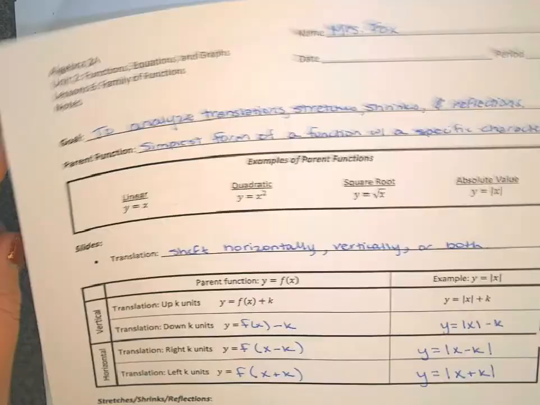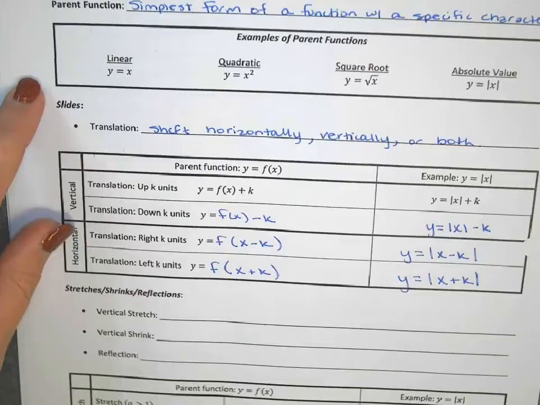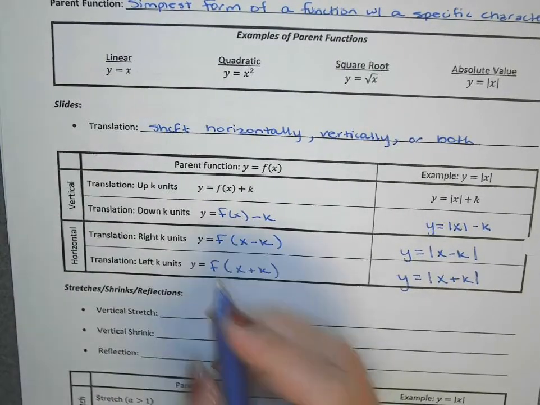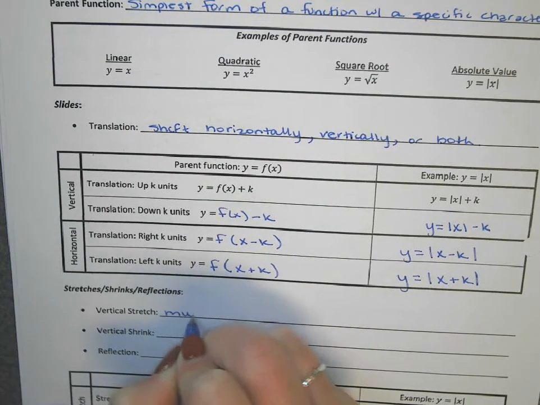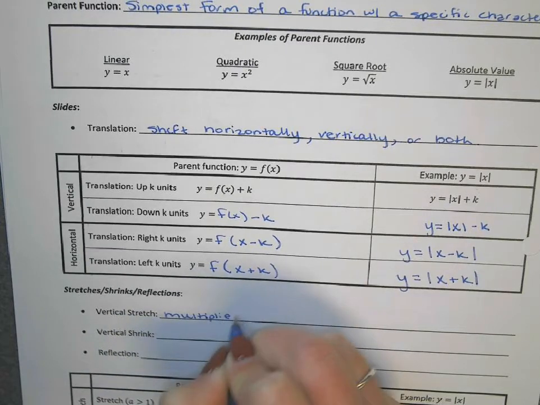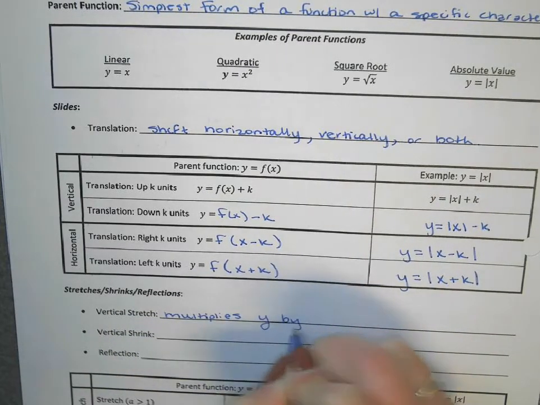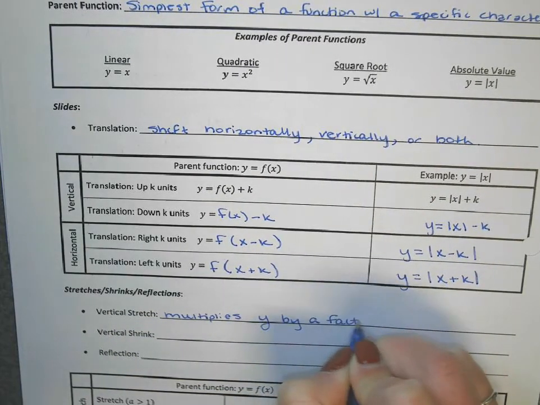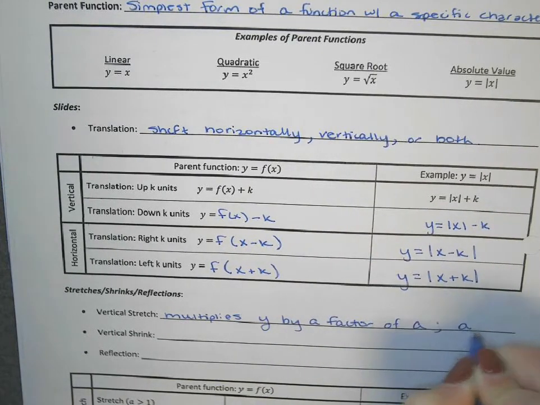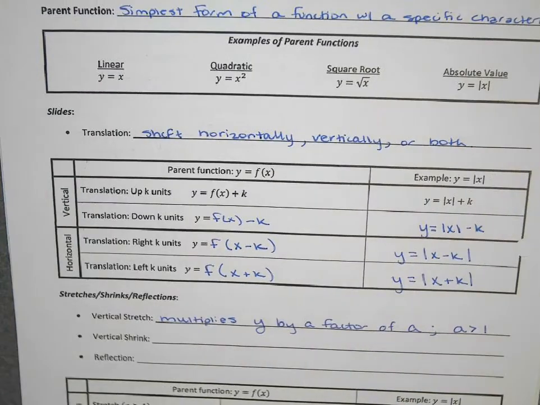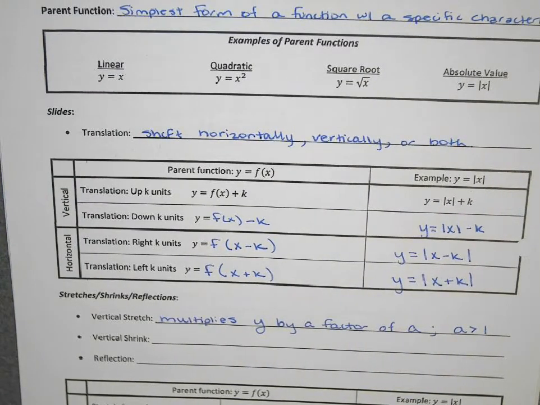Okay. So a vertical stretch is when you multiply, this multiplies y by a factor of a such that a is bigger than 1. Now a is not going to include 1 because when you multiply by 1 it doesn't change, but if you multiply by a number larger than 1 then it's going to stretch.